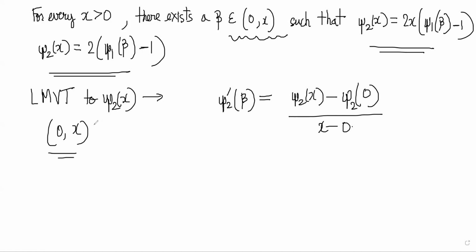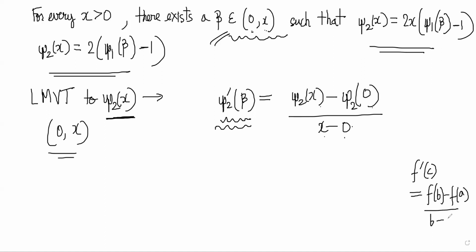So we are applying Lagrange's mean value theorem to this psi 2 function, and we are saying that there must be a beta in 0 to x such that the slope of the tangent to that curve must be equal to the average slope of the function as it varies from 0 to x. This is f of b minus f of a by b minus a. LMVT says there is a c such that f dash c is f of b minus f of a by b minus a. That is what we are applying, right? Now notice here psi 2 of 0.